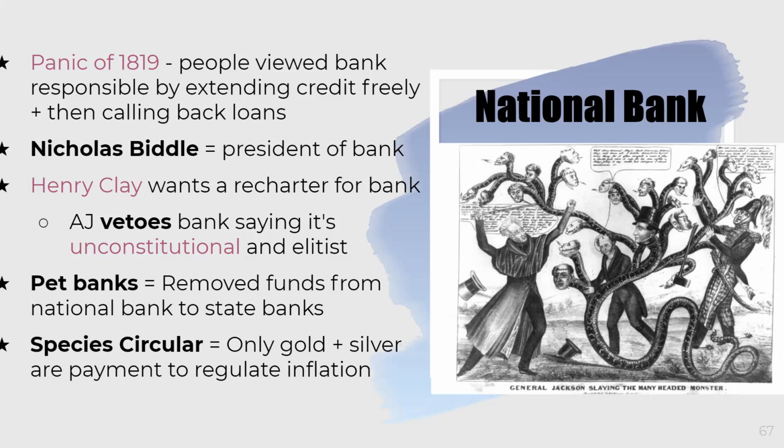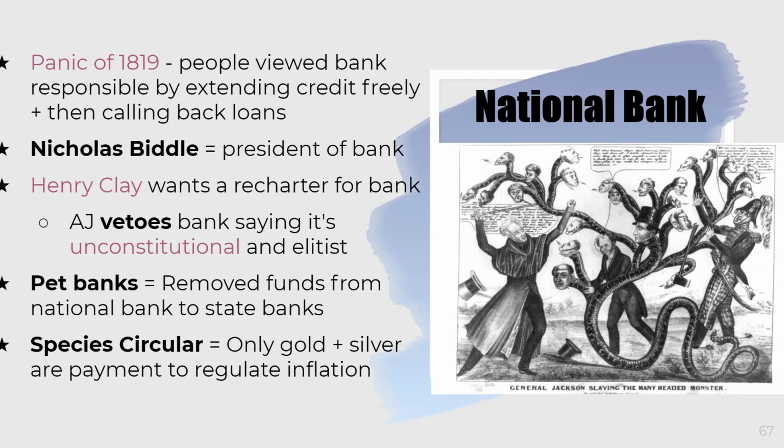So Henry Clay is asserting that he's supporting Biddle, that we should recharter the bank. Andrew Jackson should grant the rechartering of the bank. But like all Democratic Republicans, Andrew Jackson believes that the bank is an elitist institution. It's unconstitutional, and just like Thomas Jefferson said, there's nothing in the Constitution that granted Alexander Hamilton the right to make it, or Henry Clay the right to make it.